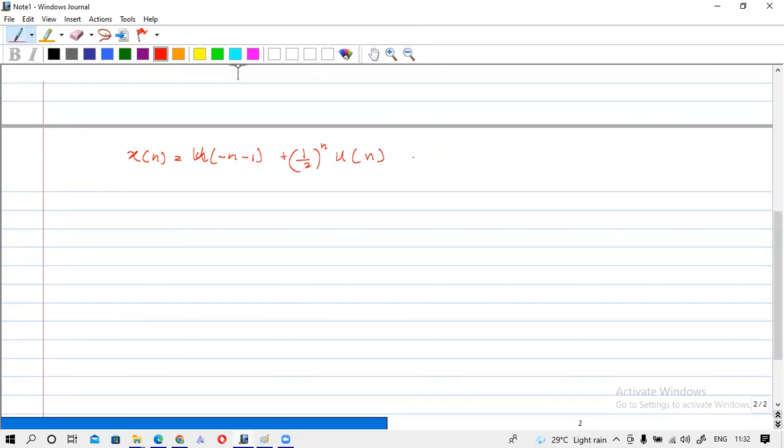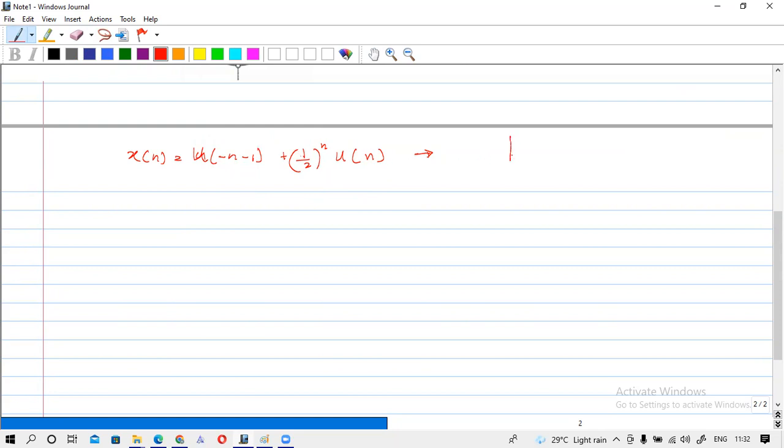To find the Z transform of this function, you can have different approaches. The first approach is the basic method. What is the basic method? You can try to find the total composite function, u[-n-1] plus (1/2)^n u[n].